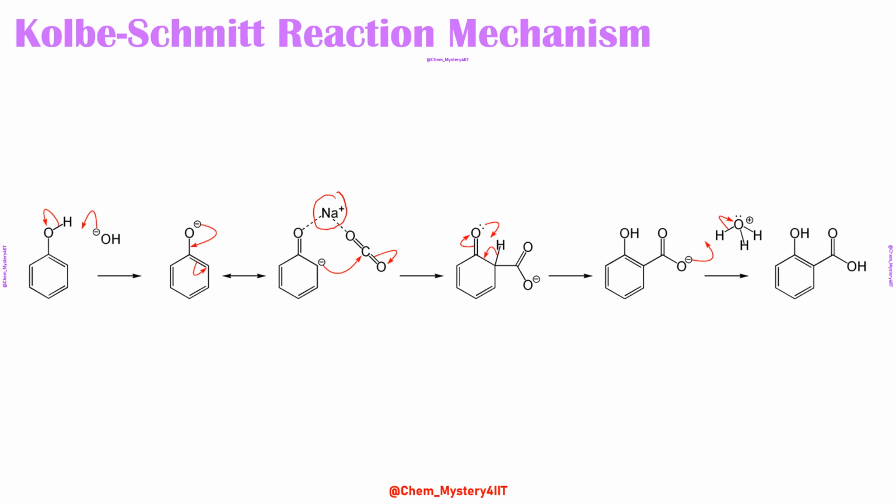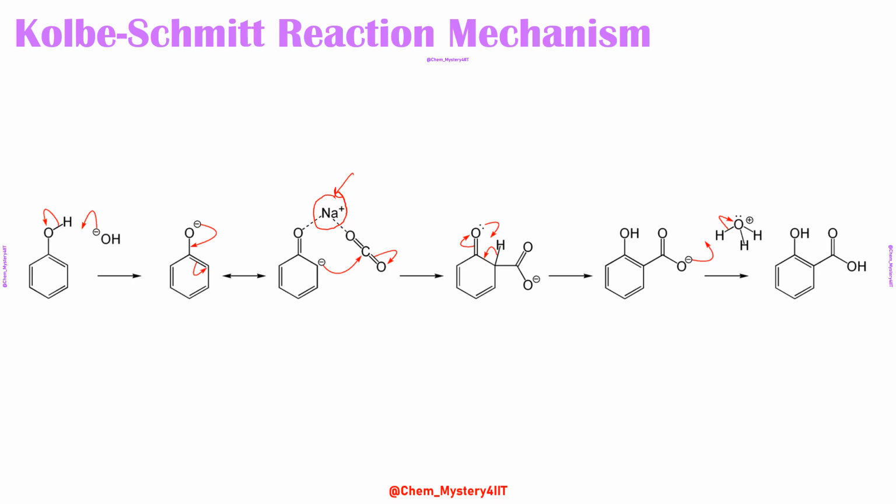And this is one of the reasons why we see in this Kolbe-Schmitt reaction that the ortho product is going to be the major one, because this coordination of the electrophile with the sodium ion is made possible, which is making the approach from the ortho position much more likely for this electrophilic attack rather than from the para position.